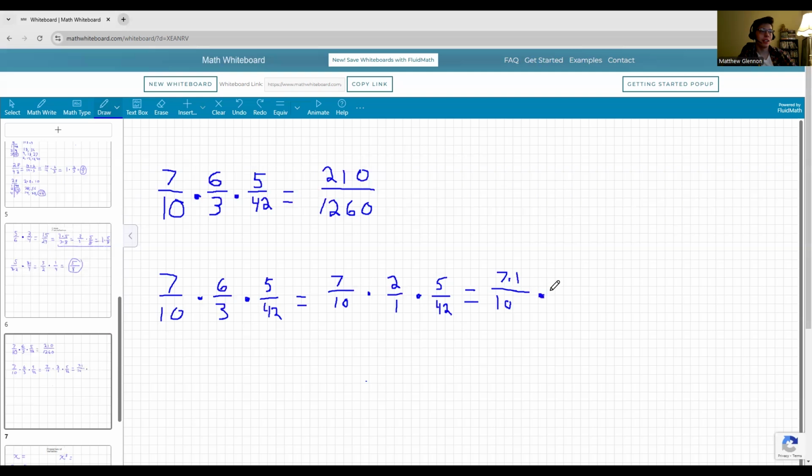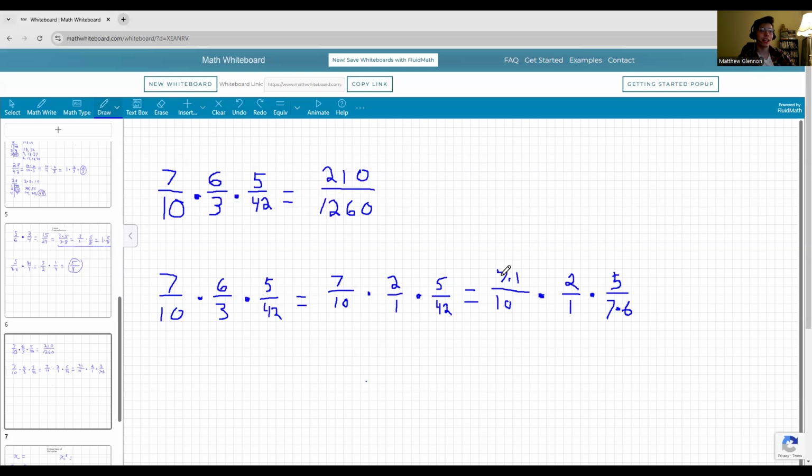And in addition, 2/1, and then 5 over, instead of writing 42, I'm going to write something that is mathematically equivalent, which is 7 times 6, which means we can legally do that, and it's the same as writing just 42.